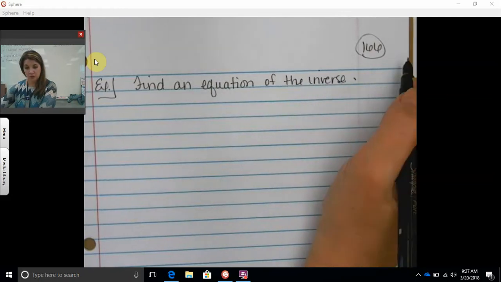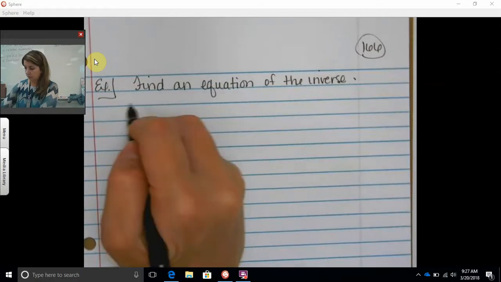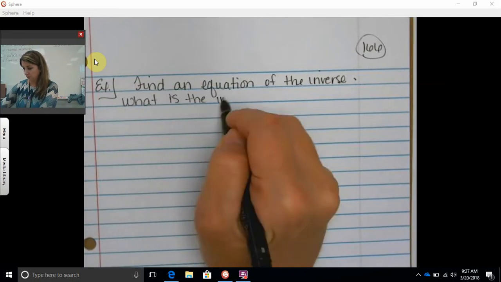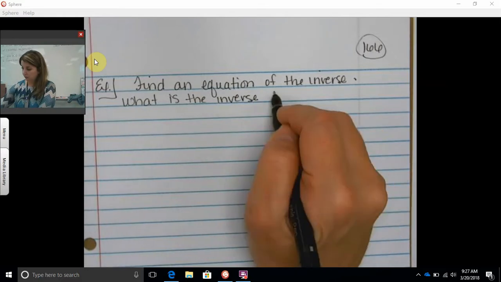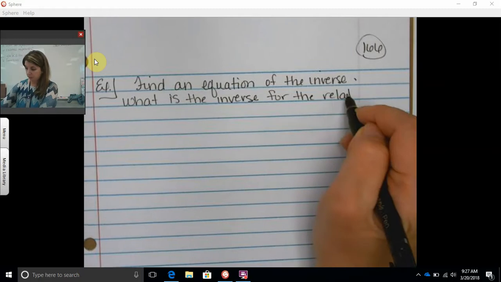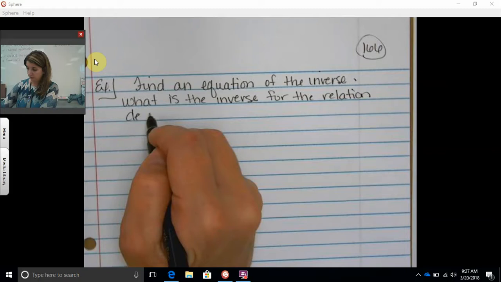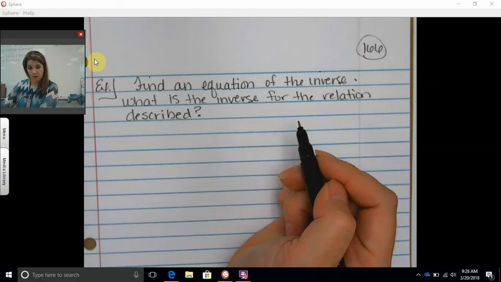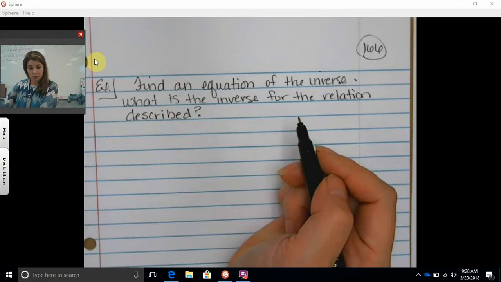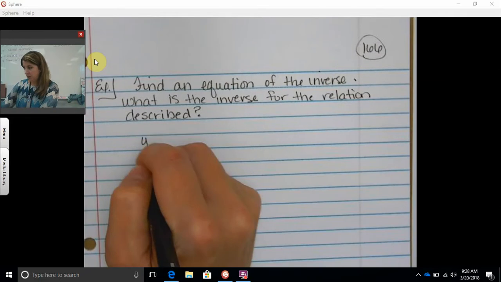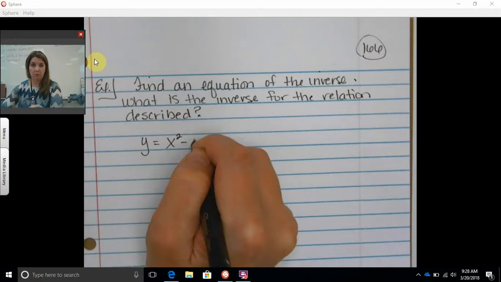What is the inverse for the relation described? And my equation is y equals x squared minus 1.